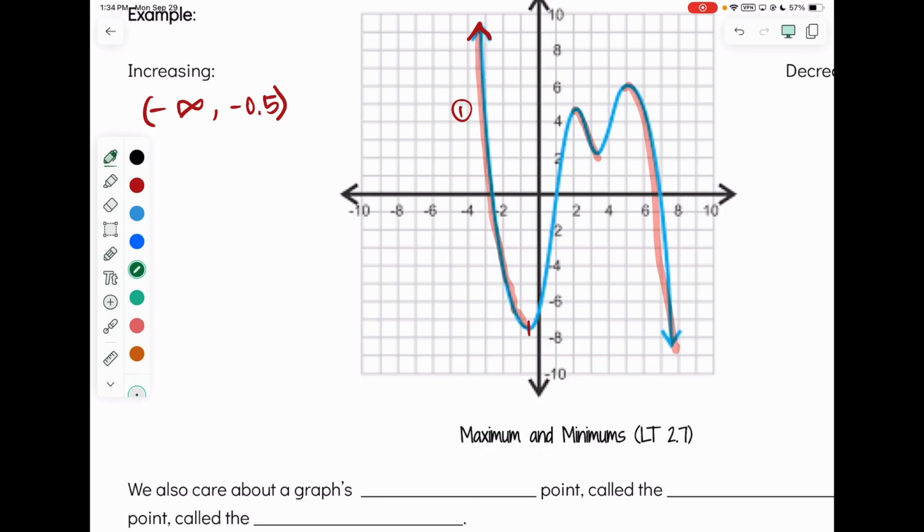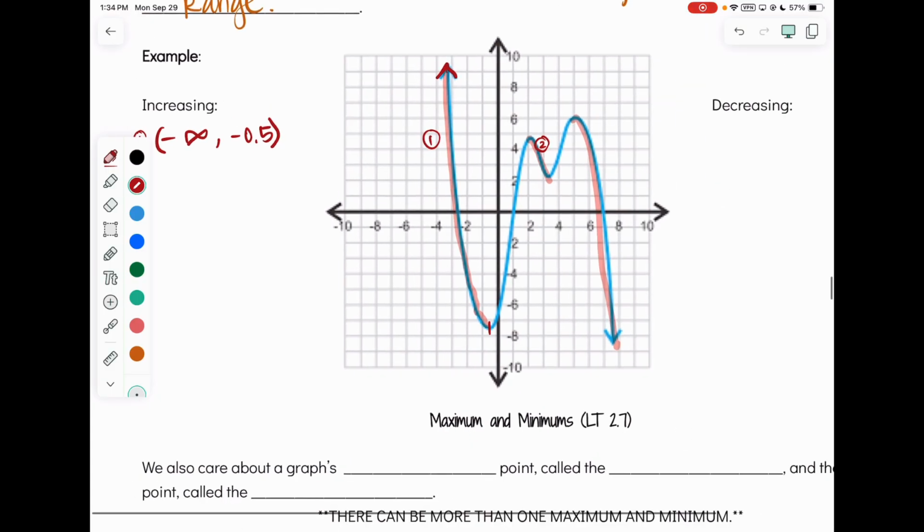All right, I'm using number 2. This one was number 1. This is the second decreasing, which is from what x value? It looks like it's from 2 to 3 point something.